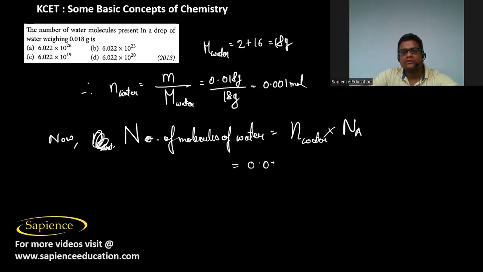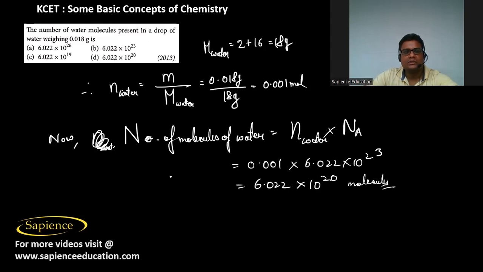So that is 0.001 moles into Avogadro number, that is 6.022 into 10 power 23. So that is equal to 6.022, this I can write 10 power minus 3. So it is 6.022 into 10 power 20 molecules. So option D is the correct answer.